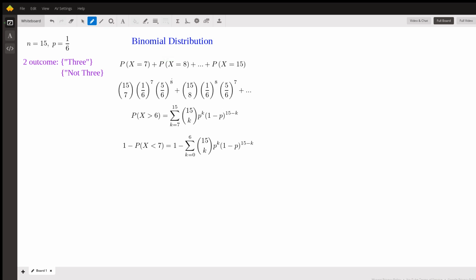If you do have a calculator that will do it, all you need to put in is the number of tries and the success. And then you have to put in the boundaries, or you can just do to 15.